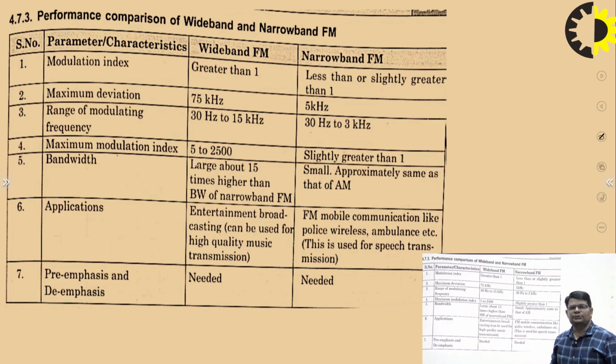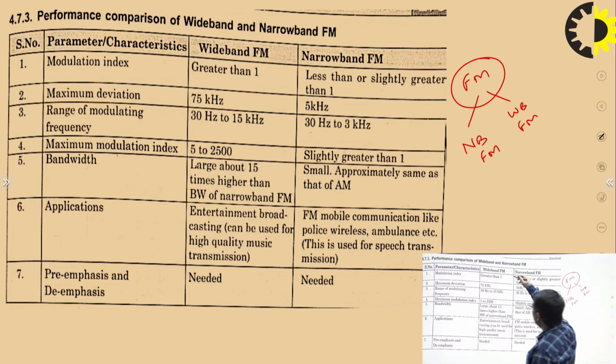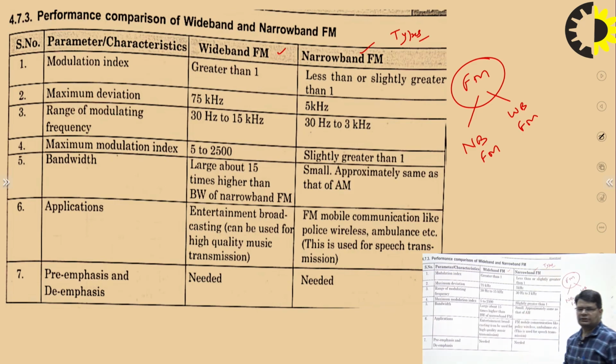Next are the types of FM. In the previous lecture, we discussed the concept of frequency modulation, and again I have repeated. FM can be divided into two types: narrowband FM and wideband FM. Based upon some parameters, when the values are less, we say it is narrowband FM.